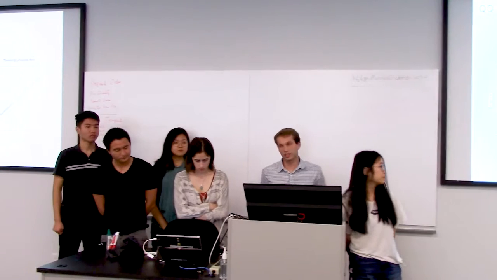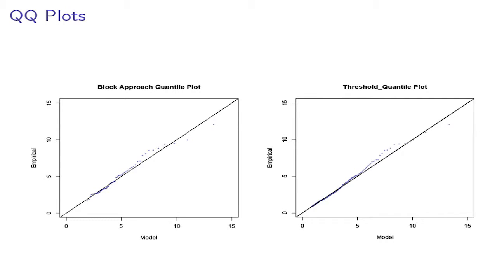Here we are looking at QQ plots. What we did is we fit the distributions, a generalized Pareto distribution and a generalized extreme value distribution, to our empirical data. That gives us fitted values for those distributions, and then we obviously have the empirical data.